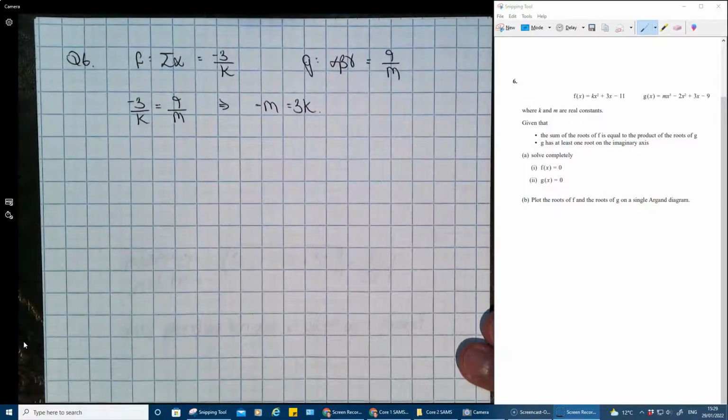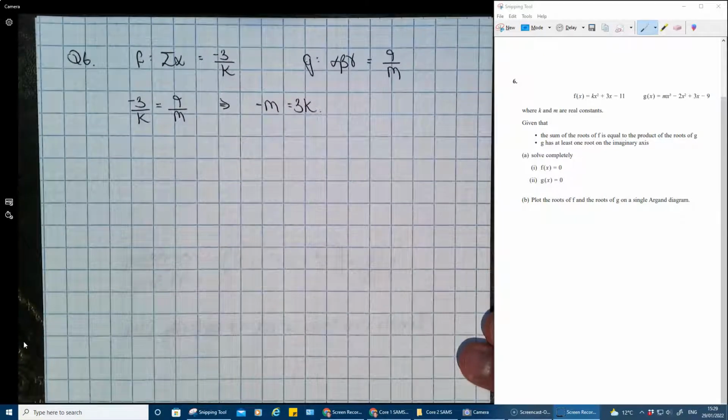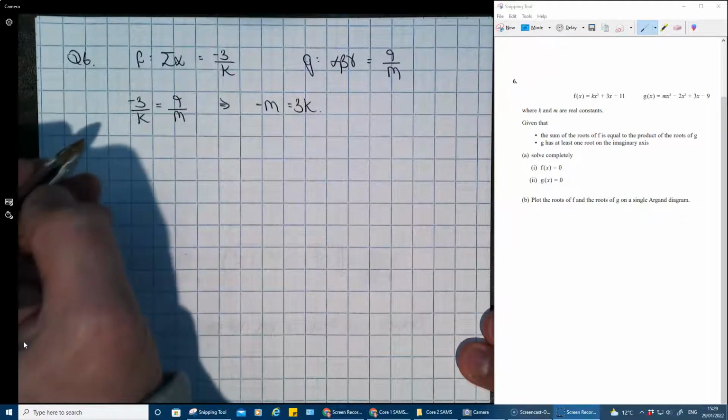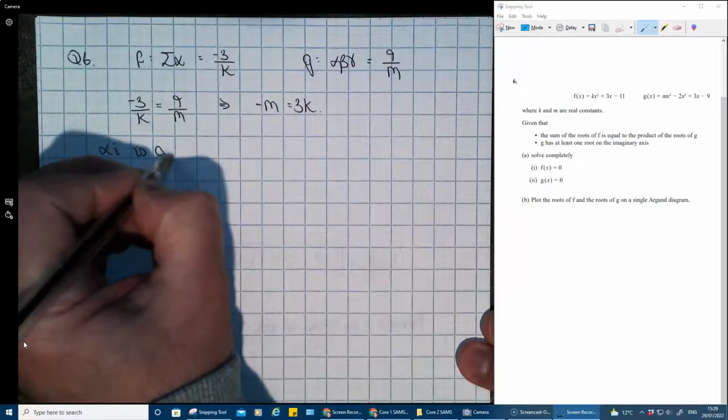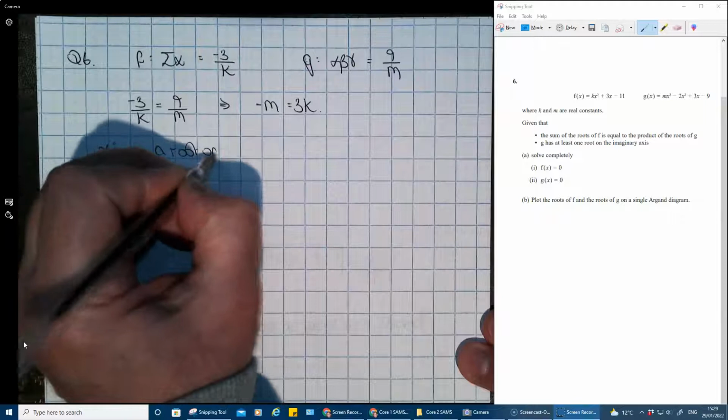Now we're also told that one of the roots is imaginary, no real part at all. So alpha i is a root of g of x.